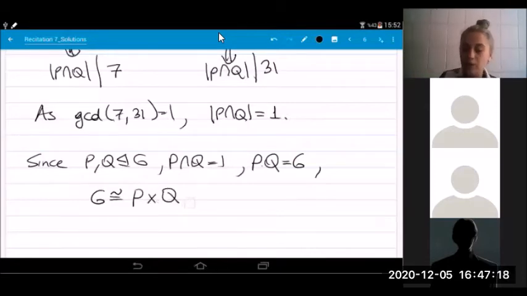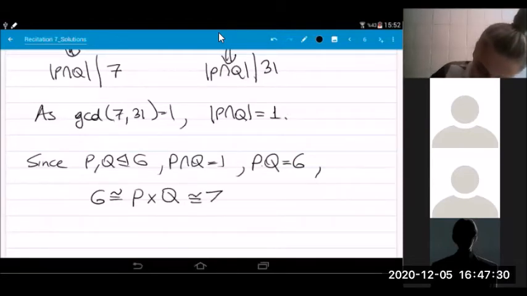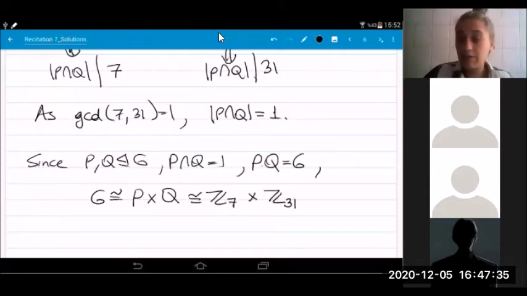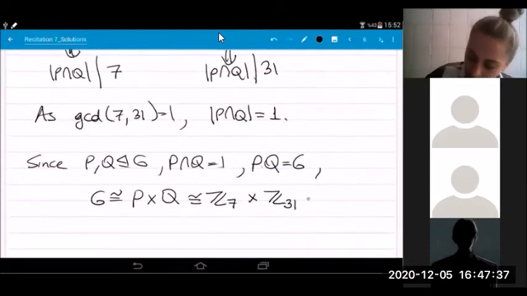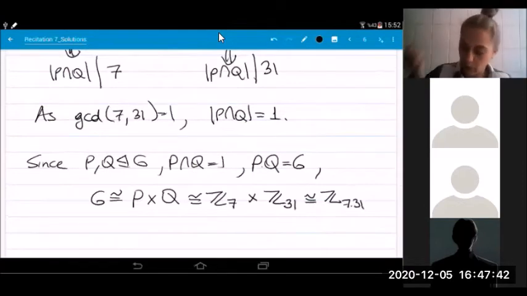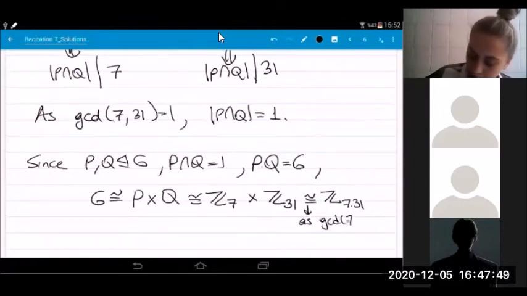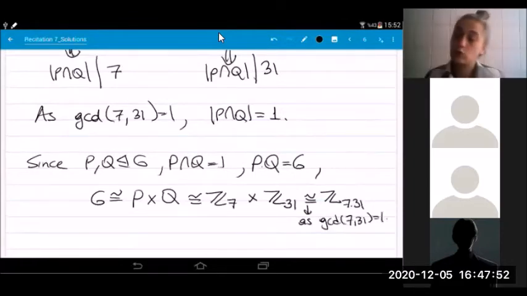We know that P is isomorphic to Z7 because every group of prime order is cyclic of that order, and Q is Z31. Since 7 and 31 are relatively prime, this is isomorphic to Z7 times 31, as the greatest common divisor of 7 and 31 is equal to 1.